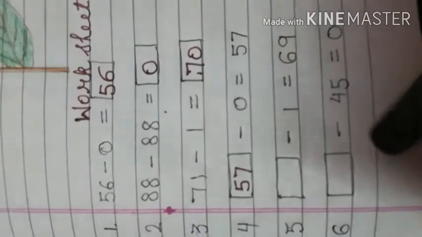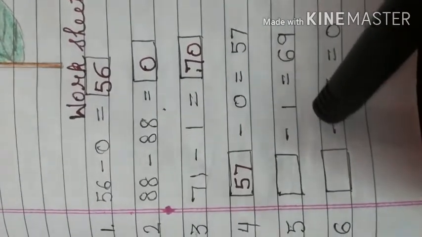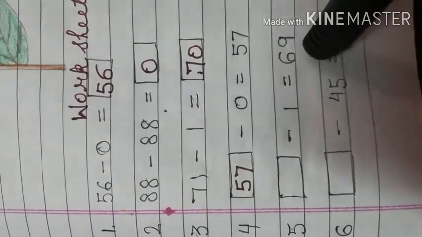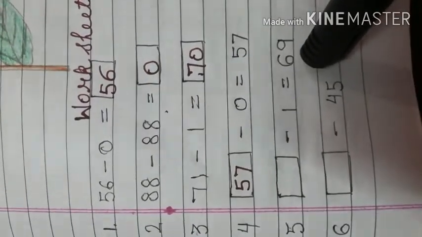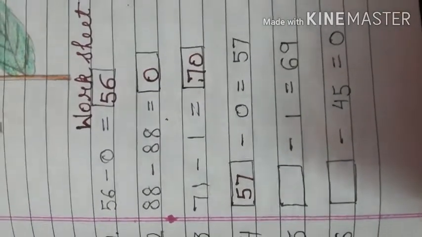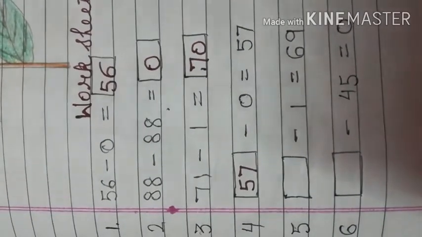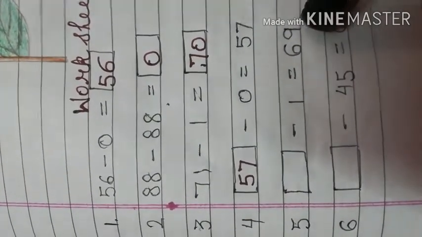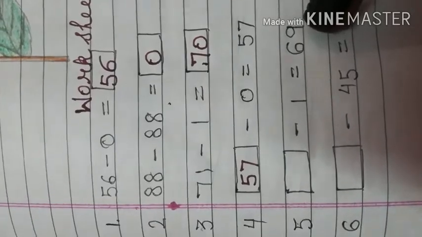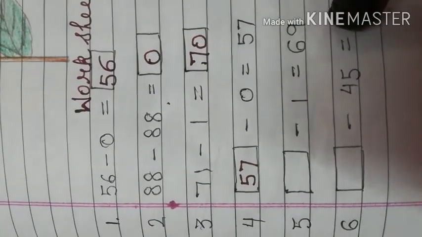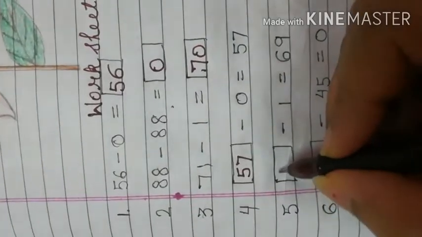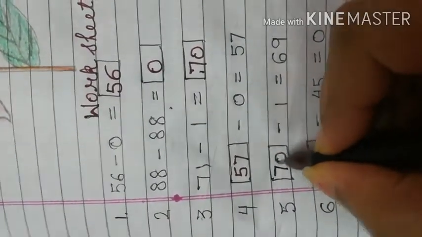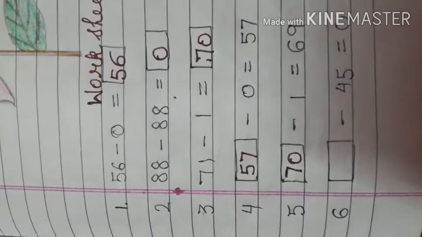And in this case, after subtraction, our answer is 69. Means we have just subtracted 1 from the number, and after subtraction we have the answer. So in this case we will calculate the number that comes just after 69. That is why our answer is 70 here.